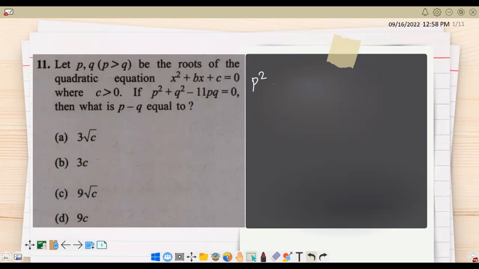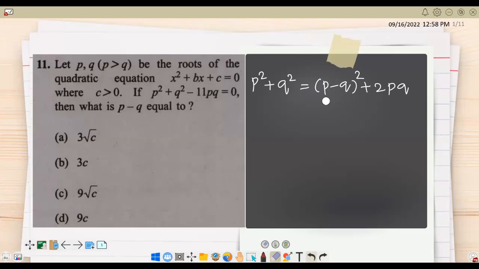Now, we all know that P square plus Q square can be written as P minus Q the whole square plus 2PQ. The minus 2PQ inside this and this will get cancelled, so we'll be left with the LHS.